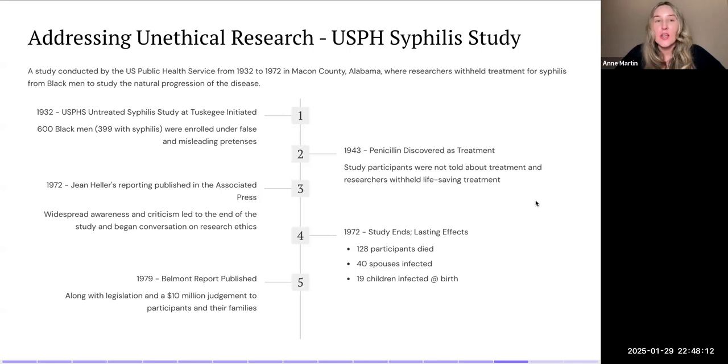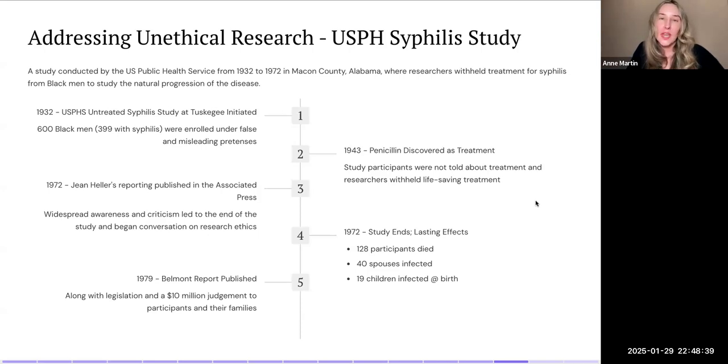So this study began in 1932, and the purpose of the study was to understand how syphilis impacted people. So the researchers wanted to study people who had syphilis to see how the disease impacted them and how they essentially declined over time with this disease.